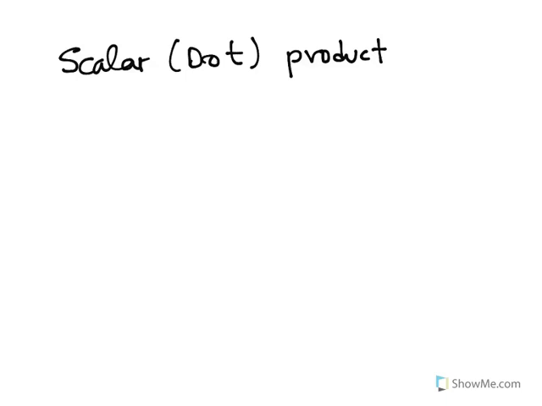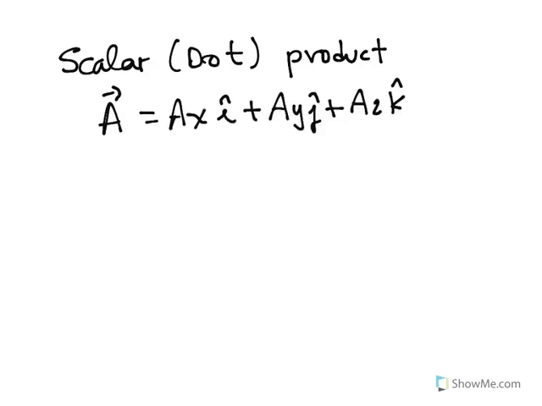When we are doing the product between two vectors, we can have, for instance, the scalar or dot product. We have vector A, which has its components, and we can also have vector B, which has its own components as well.